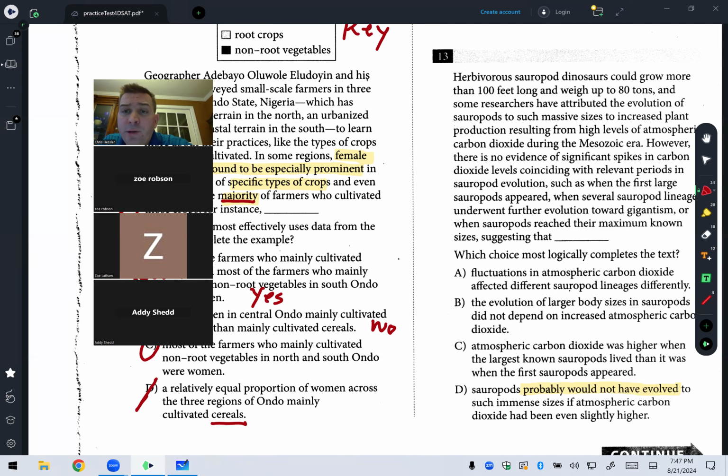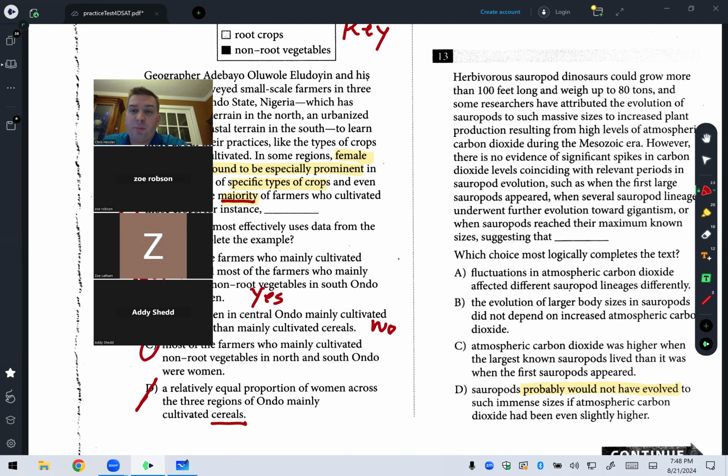However, there is no evidence of significant spikes in carbon dioxide levels coinciding with relevant periods in sauropod evolution, such as when the first large sauropods appeared, when several sauropod lineages underwent further evolution toward gigantism, or when sauropods reached their maximum known sizes, suggesting what?